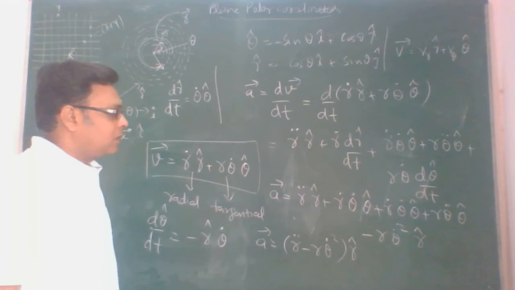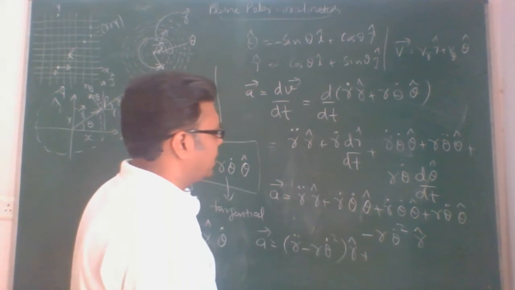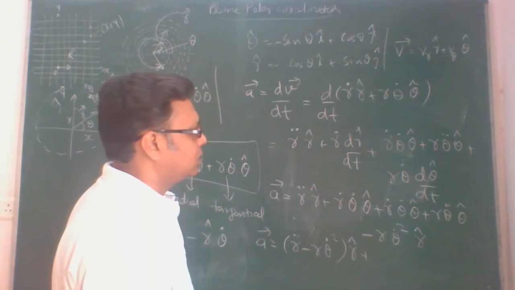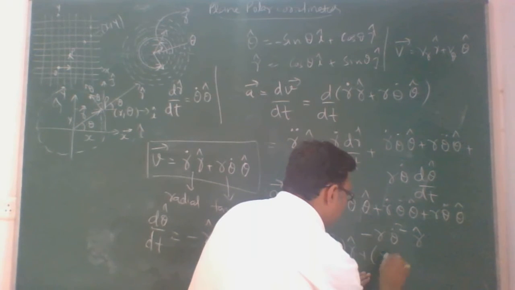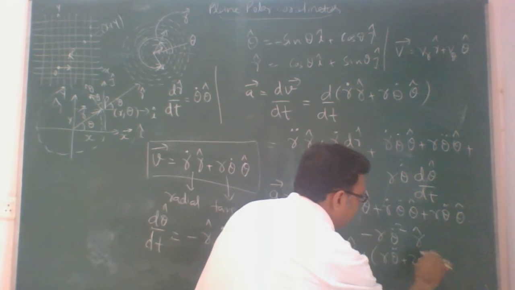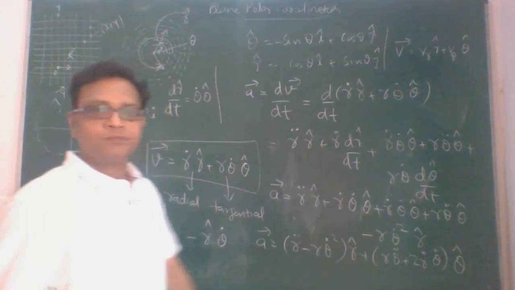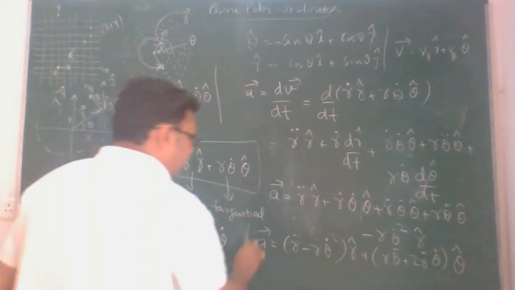Nice. With the theta cap, we again have some parentheses. This is the double of the quantity: 2r dot theta dot plus r theta double dot. So I have r theta double dot, and also I have 2r dot theta dot along theta cap. Very nice.